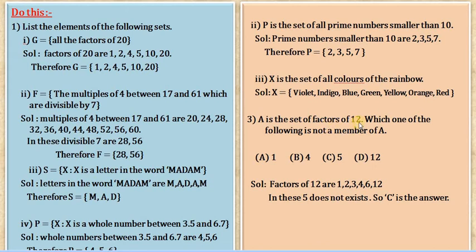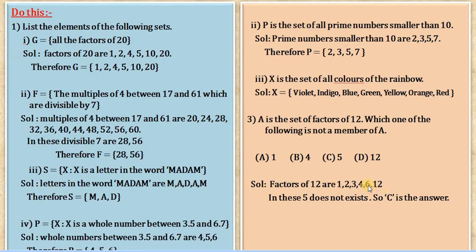Now write the factors of 12. So 12 can be written as 12 into 1, or 2 into 6, or 3 into 4. Now if you write all the different numbers, the factors of 12 will be 1, 2, 3, 4, 6, 12.